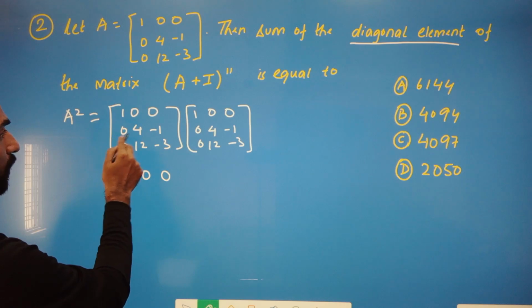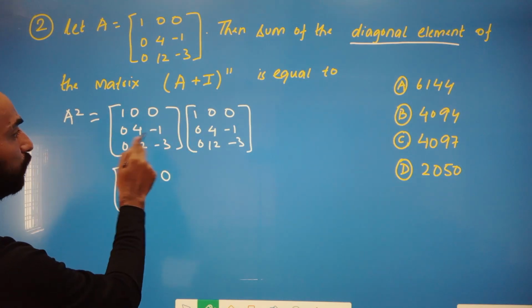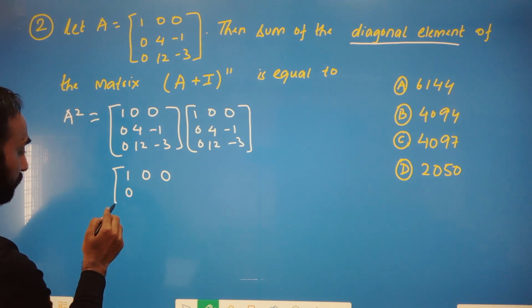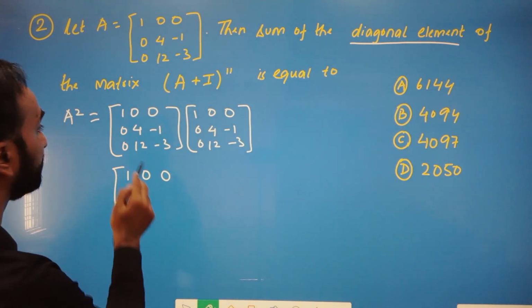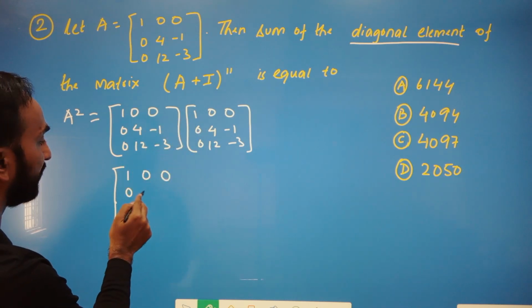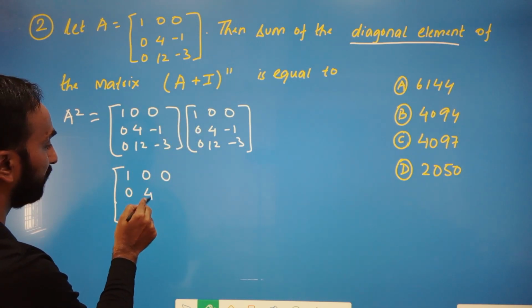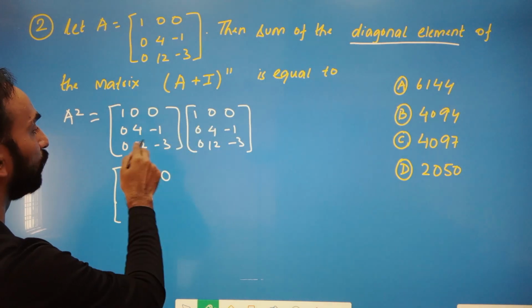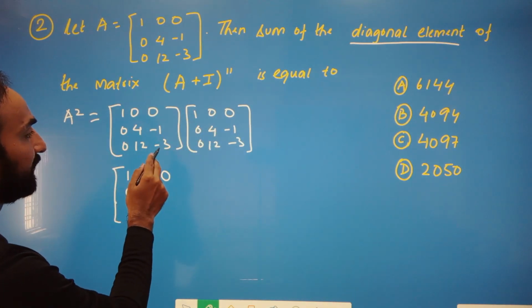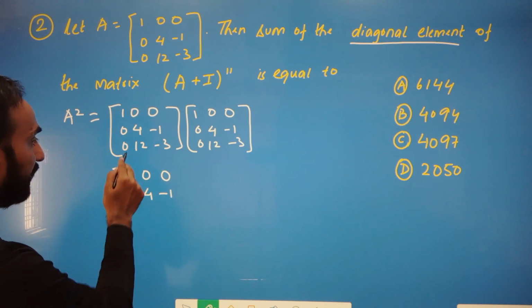Now second row, first column, 0 into 1 is 0, 4 into 0 is 0, so again it will be 0. Second row, second column is 0 plus 16 minus 12, which is 4. Second row, third column is 0 minus 4 plus 3, which is minus 1.